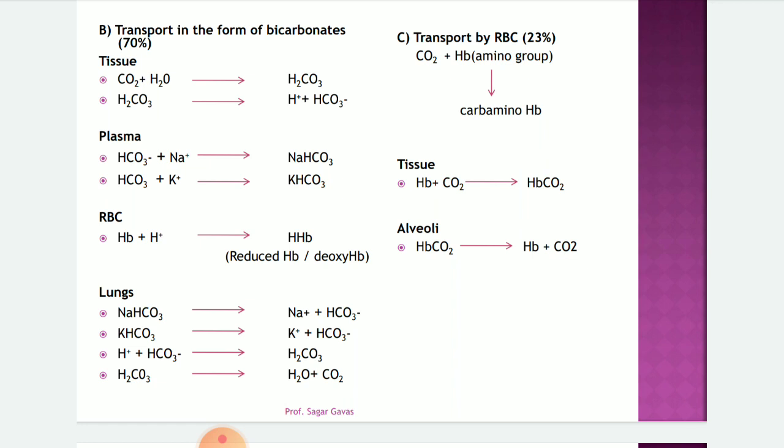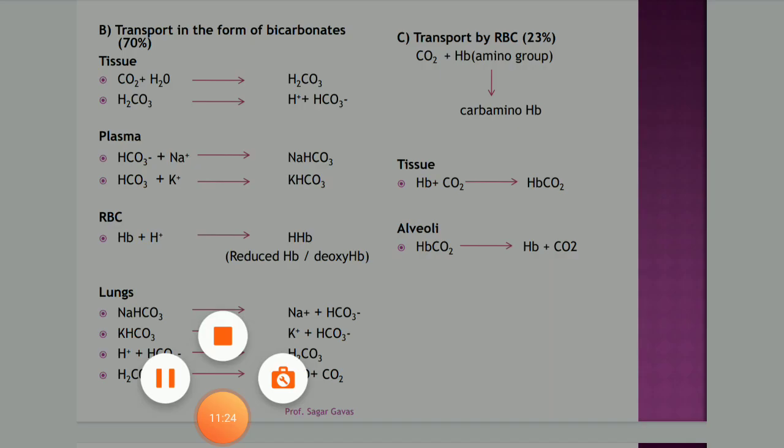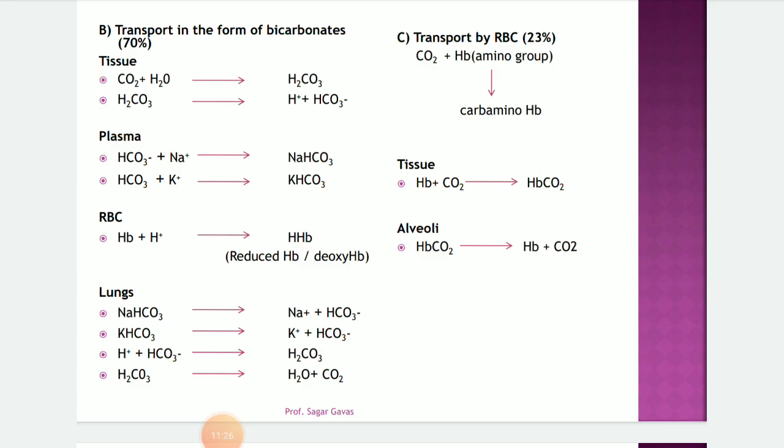Okay, this entire flow chart is very, very important. Now here you can see that carbon dioxide is going to combine with water to form carbonic acid. That is catalyzed by the enzyme called carbonic anhydrase. Now that carbonic acid is going to dissociate into H plus and HCO3 minus ion, that is called a bicarbonate ion.